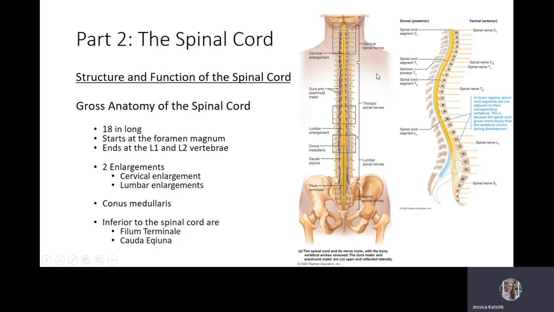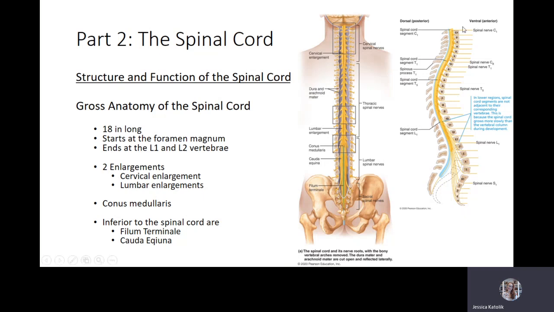Two other features that I would like you to be familiar with in the gross anatomy of the spinal cord are the cervical enlargement and the lumbar enlargement. The cervical and lumbar enlargements are widened areas of the spinal cord, and they have to be larger because they accommodate more nerves that are going to innervate the limbs.